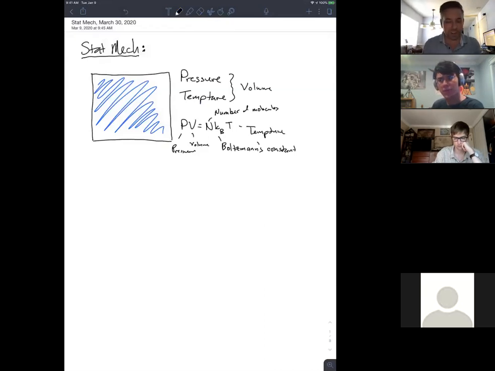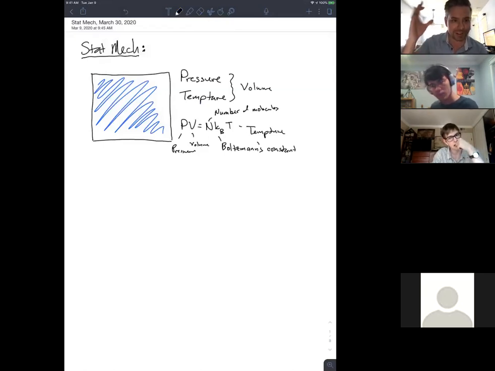Question, Dr. Tom. Yes, please. If I recall correctly from 132, which I took a long time ago, we would abbreviate k_B T to tau, to be some sort of constant. Will we be doing that here or just leaving it as k_B T? I have to confess that I'm not familiar with that notation. So I think in general, I'm going to write it like this. When I started my career, I started as a biologist, God help me. So I may sometimes also write it down in the format that a biologist would be familiar with, which is this, PV = nRT.